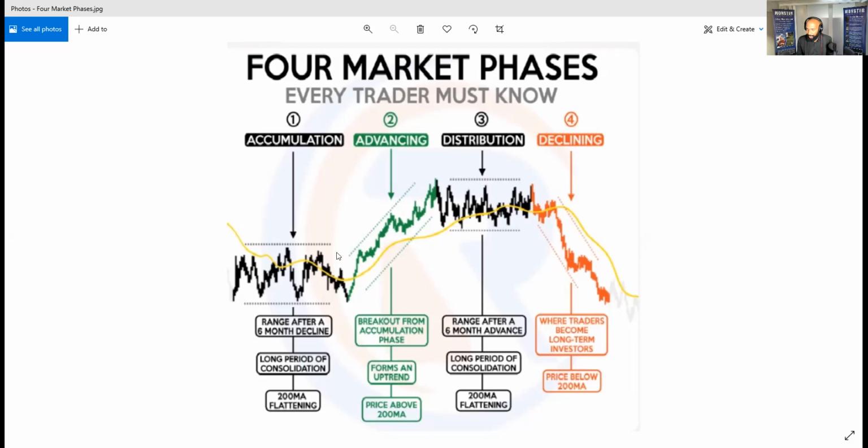So accumulation, advancing or markup, distribution, declining, so price is going down, declining or markdown, and then it starts all over again with accumulation. So take a picture of that. I would recommend having it laminated so that you have it always.